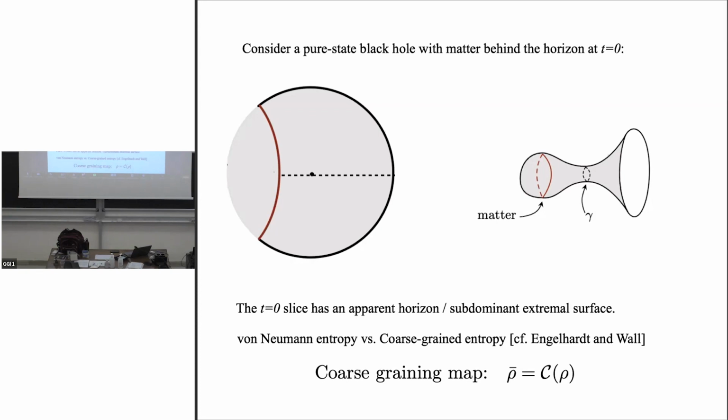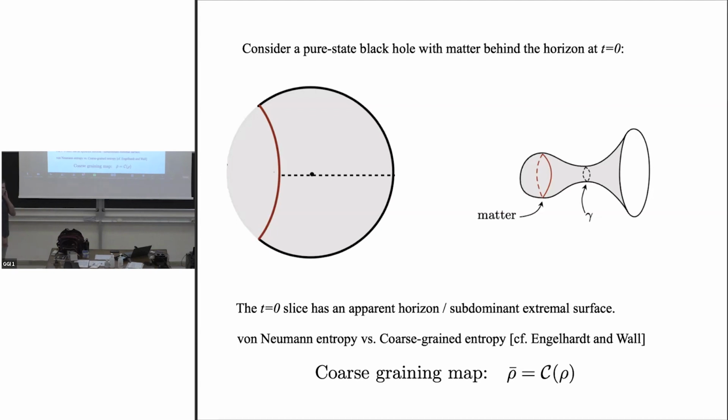The t equals 0 slice here, which is time symmetric, looks like this. There's a minimal surface here, and there's a bulge behind the horizon supported by the matter. In this case, the minimal surface is also a time symmetric apparent horizon.